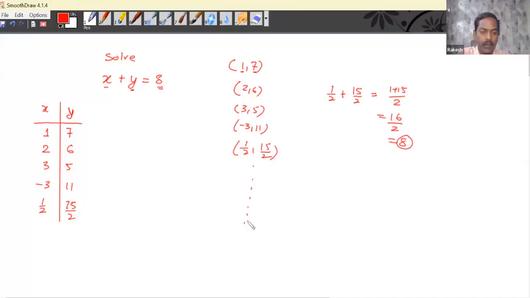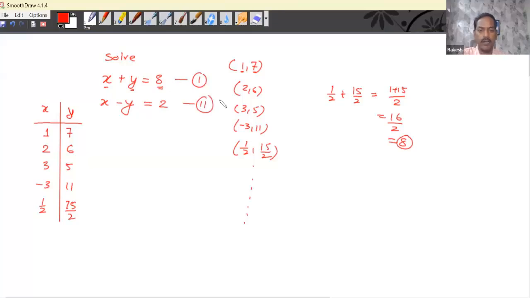Now, if I introduce one more equation which has the same two variables, say this is one of the equations, I'm naming this equation number 1. Let me have another equation which says that x minus y is equal to 2. This will be my equation number 2.